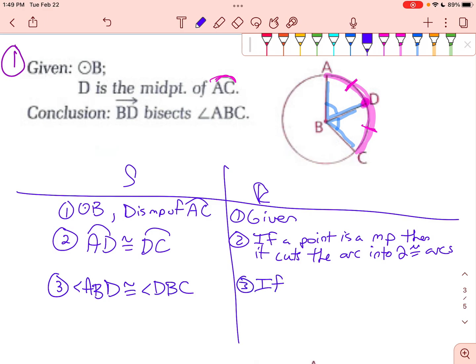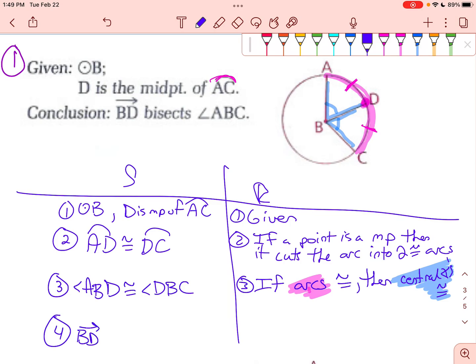And again, that's if arcs are congruent, if the pink arcs are congruent, then the central angles are also congruent. And that leads me to what I'm trying to prove.